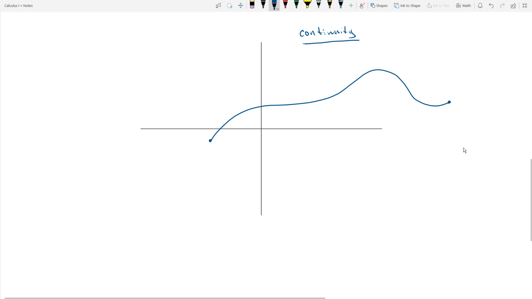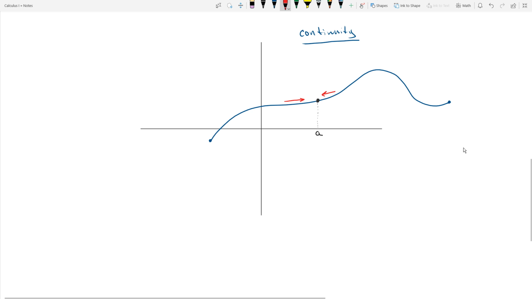So this graph that I'm showing you has continuity. Because of that, we know that regardless of a point that we create on that curve, and we'll call this A, we can approach it from the left and from the right, and we will always be approaching the same value.